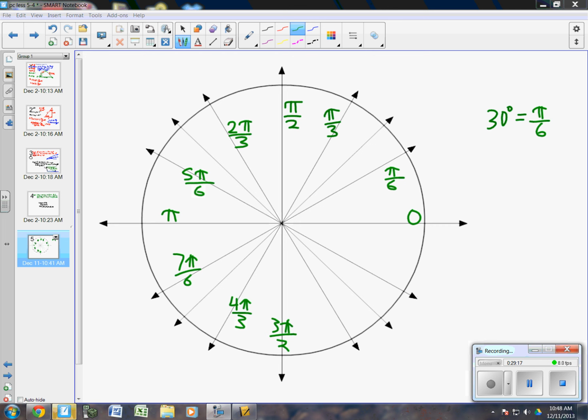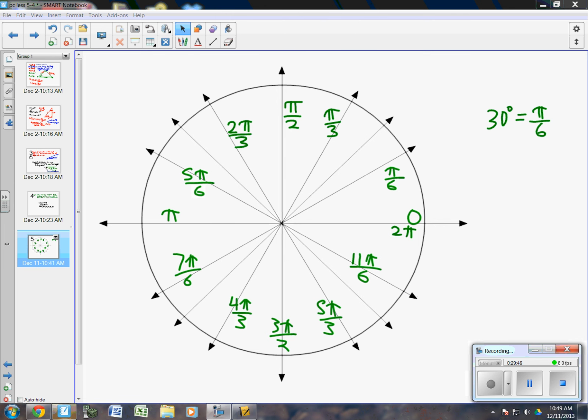What comes after 9/6? 10/6. What does 10/6 reduce to? 5 over 3. After 10/6 comes 11/6. And after 11/6 comes 12/6. 12 divided by 6 is 2. So 2 pi. All right.